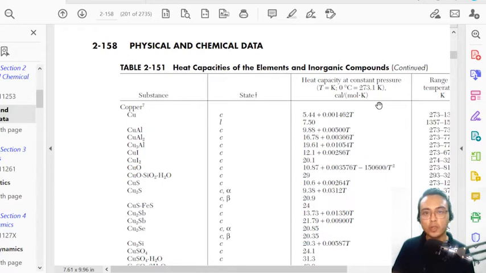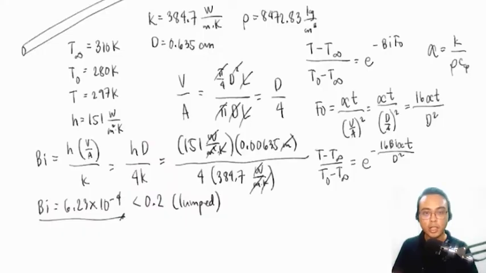But we have to convert that to joules per kilogram per Kelvin to make it in standard SI units. Okay? So substituting and converting, the heat capacity of copper is 385.95 joules per kilogram per Kelvin.